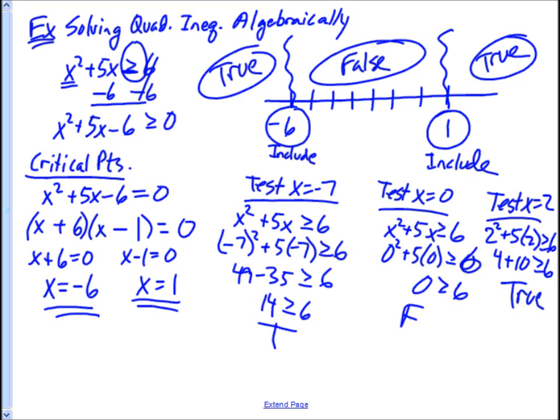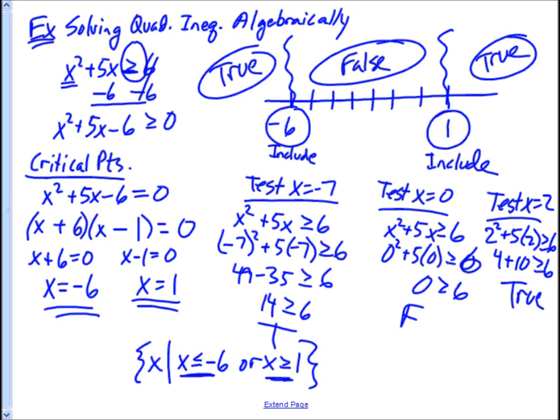So then you end up writing your solution as x such that I have anything to the left or equal to negative 6 or greater than or equal to 1. Okay? So you see how that's to the left of negative 6, and then this is to the right of 1.